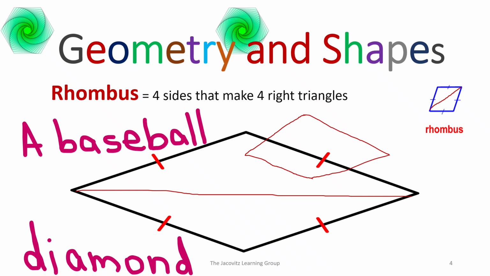A quadrilateral is equal to 360 degrees. So when you think about it, you're going to get 4 angles of 90 degrees. So that comes out to like this.